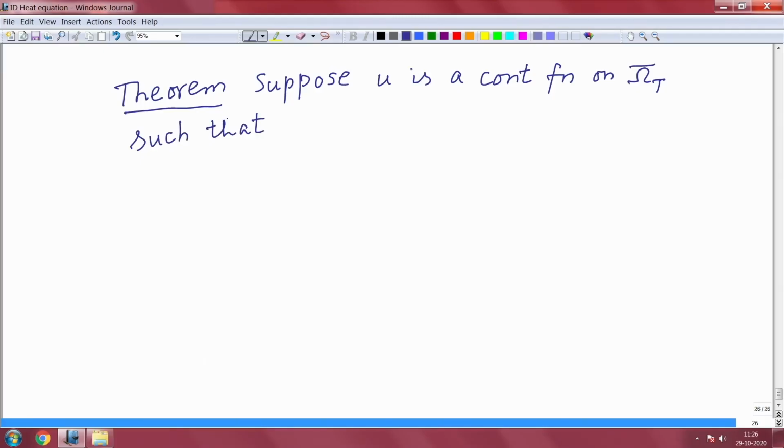Just like the previous theorem, the first derivative with respect to t exists and the second derivative with respect to x exists, and they are continuous in omega t. This is the hypothesis.